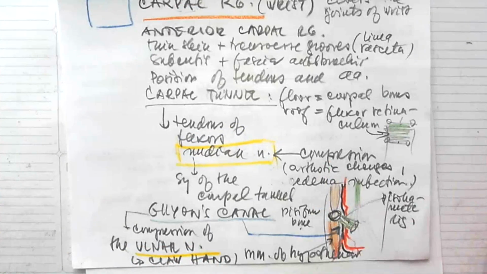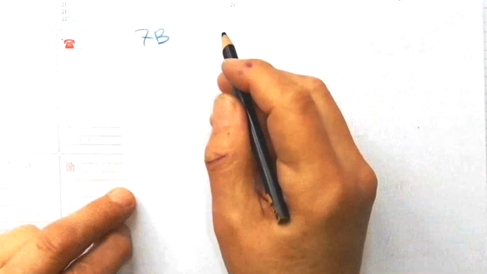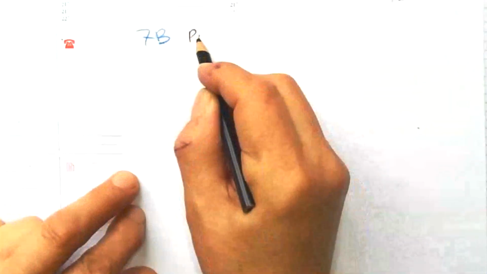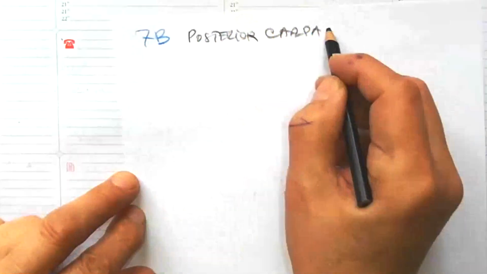We describe the flexor retinaculum, the median nerve, and the extensor retinaculum on the dorsal side. Number 7 must be the carpal region: 7A, anterior, and then we also have 7B, because it must be just a few words. 7B is the dorsal posterior, so we call it the posterior carpal region.